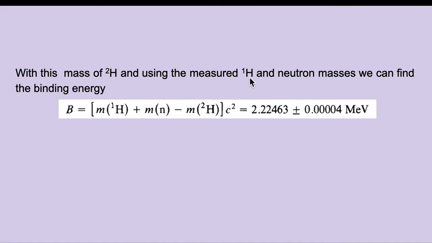I think you might have discussed this in the preliminary sections. So you will be getting it as mass of 1H plus mass of n, where 1H is the sum of proton plus electron, minus mass of 2H. Multiplying this value by c square, you will be getting the energy, and that energy you are getting as 2.224.